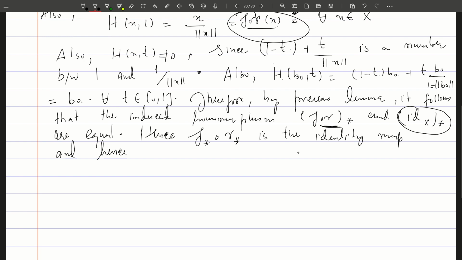So if this is the identity map, this map is bijective, which proves that J star is surjective.